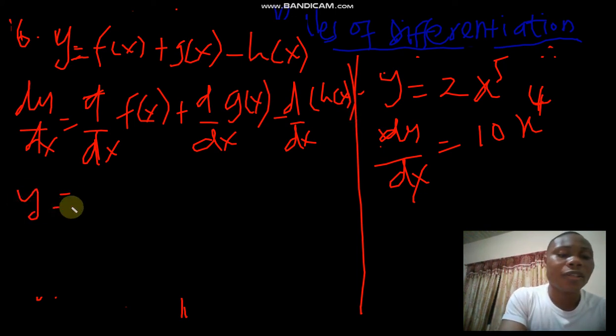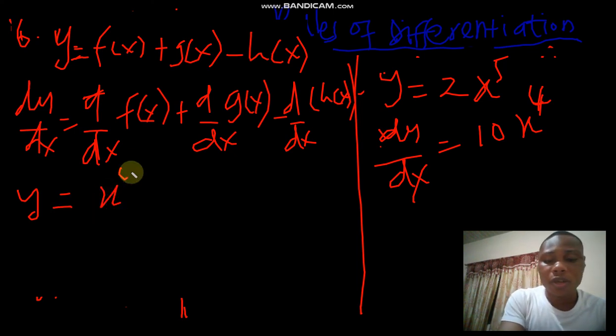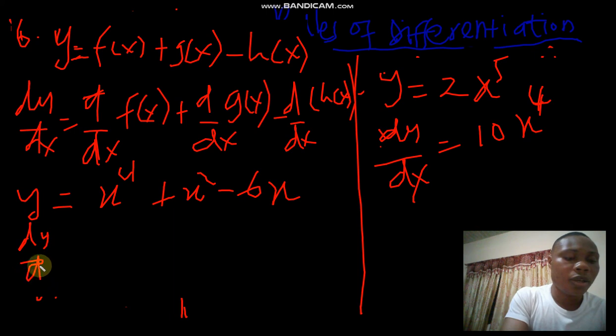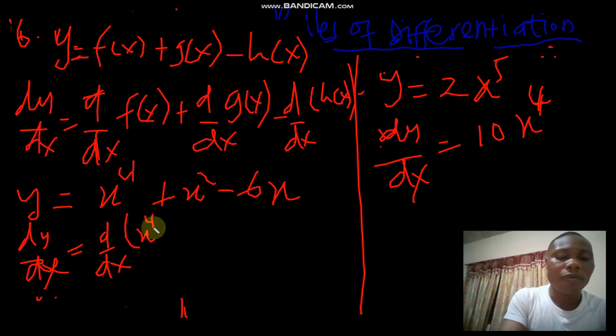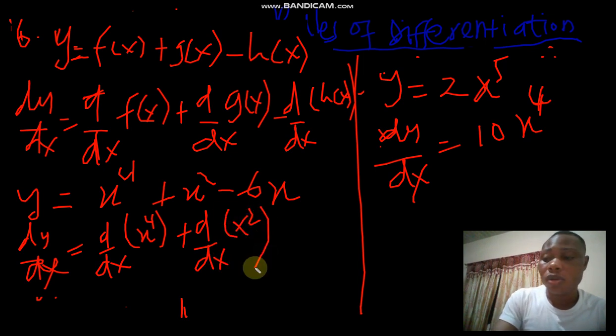So for example, if I have y equal to, let's say, x to the power 4 plus x squared minus 6x, so my dy/dx will just be d/dx of x to the power 4 plus d/dx of x squared, minus d/dx of 6x.